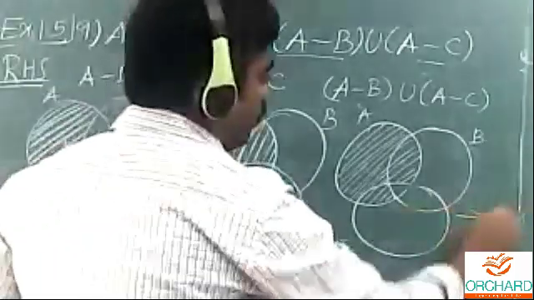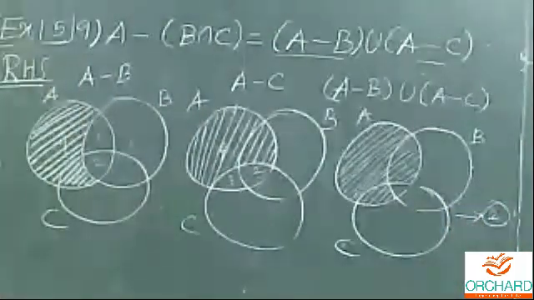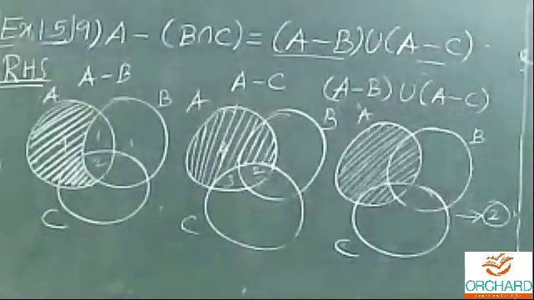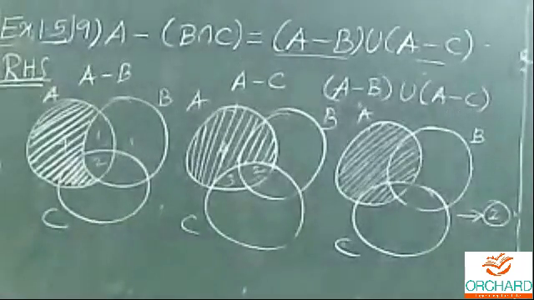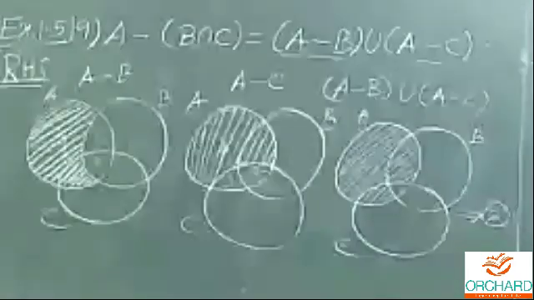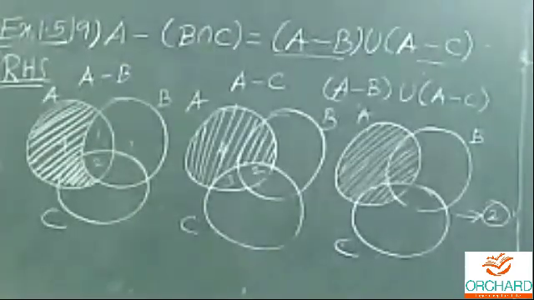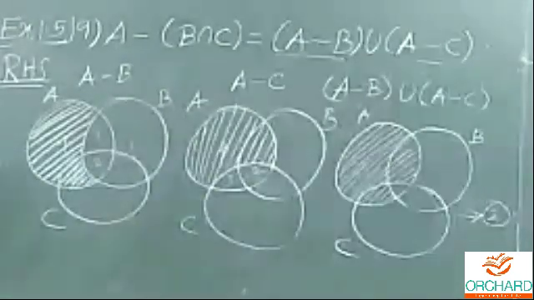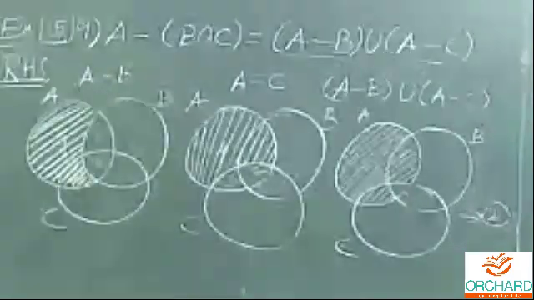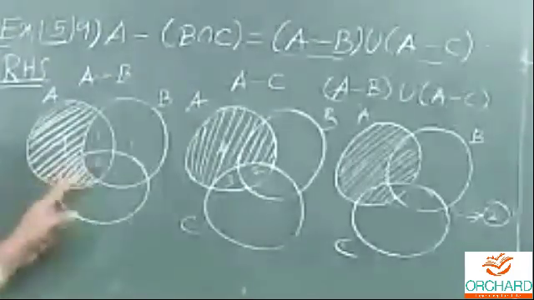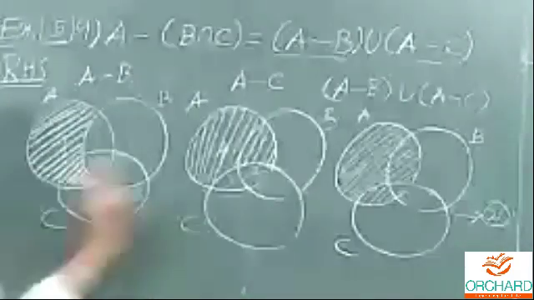From 1 and 2, LHS and RHS are equal. Then you can come to the conclusion that A difference B intersection C is equal to A difference B union A difference C. Using the number system is very easy to identify the union and intersection.